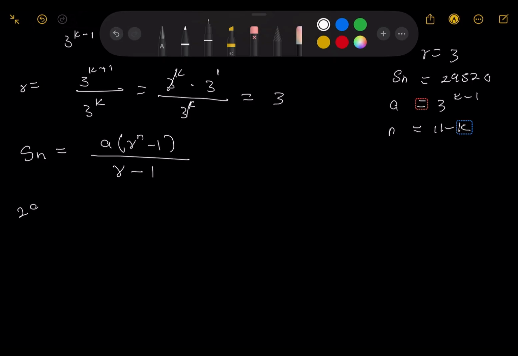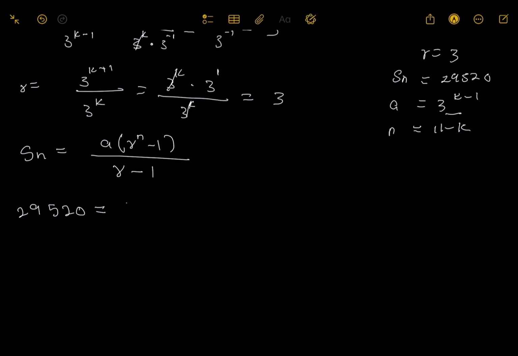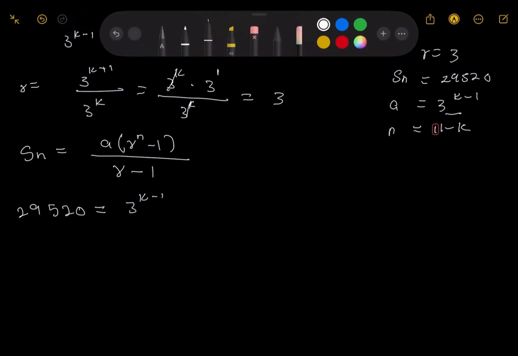Substituting, 29520 is equal to our a value 3^(k-1) times our r value 3 to the power of our n value 11 minus k, minus 1, all over 3 minus 1.